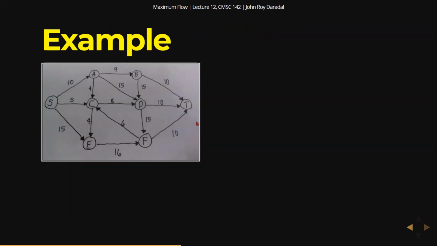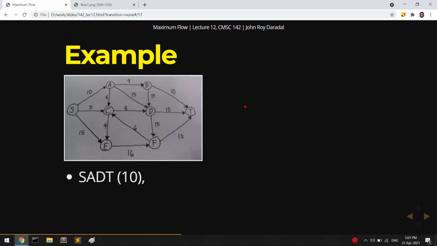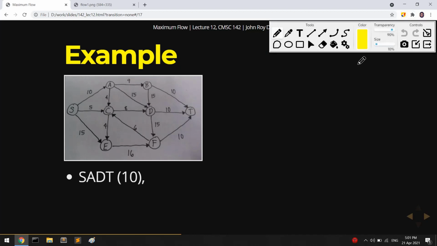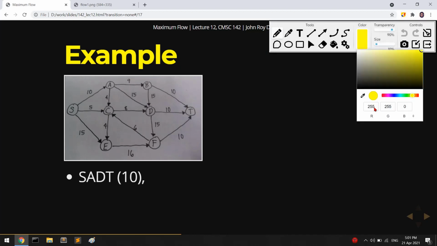Okay, so let me just show you a quick example of how this works. Let's say we're given this graph, and let's say that currently we have a magical way of finding augmenting paths. We don't know yet how to find them, but for now, let's say there is a method that does this for us.